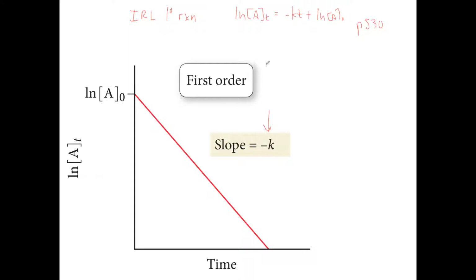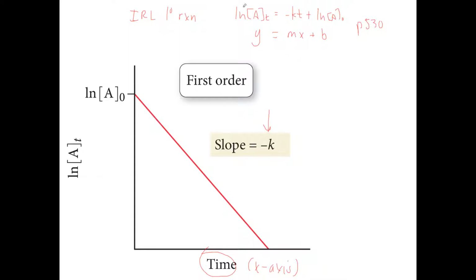So notice this: it's y = mx + b. If I graph a first order reaction, this is my x-axis, time, and my y-axis is ln At.